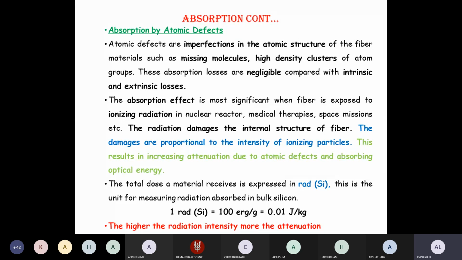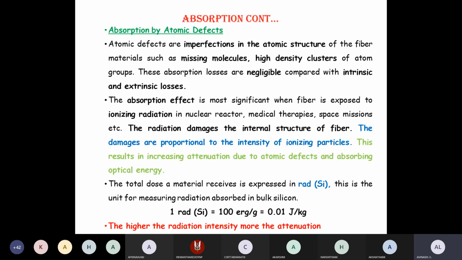When the fiber is exposed to ionizing radiations, which you use in nuclear reactors, medical therapies or space missions, this radiation will damage the internal structure of the fiber, because optical fibers cannot withstand high radiation.